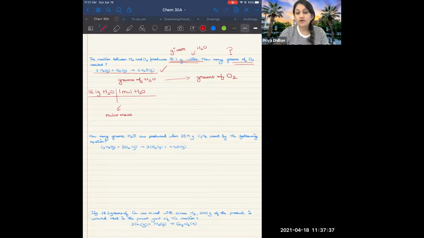Does everybody know how to find the molar mass? Can I get a thumbs up or down? That one person. Okay, a few of you, but it doesn't look like everybody. So let's actually go over it.